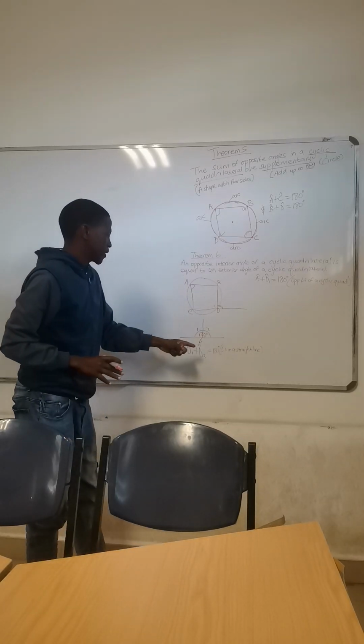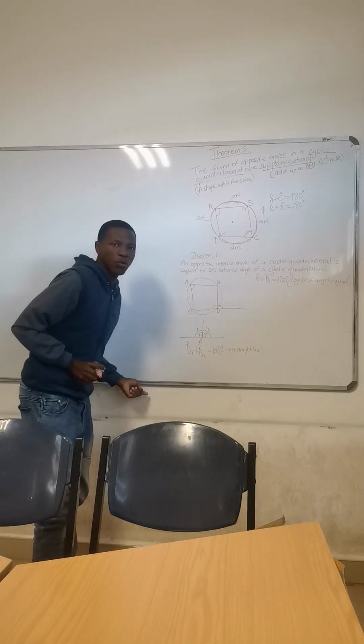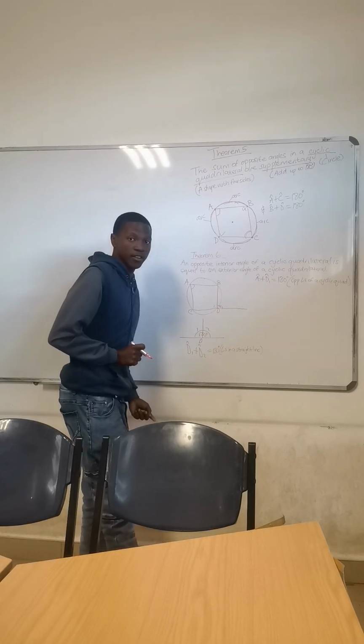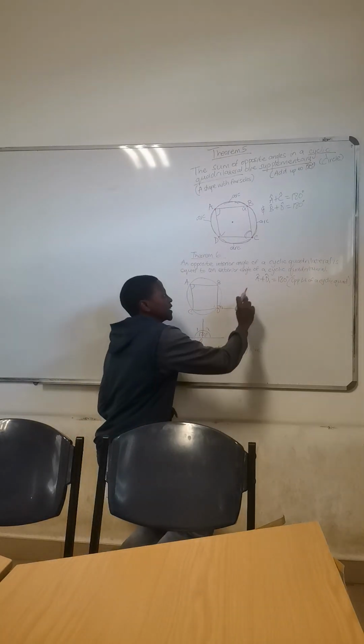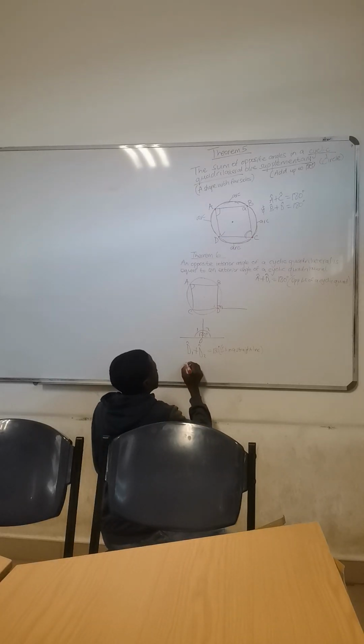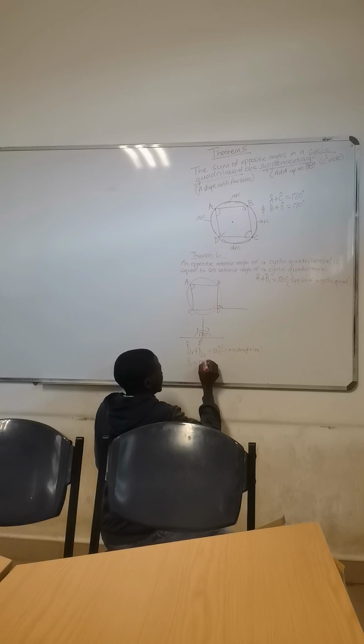Therefore, from this equation, we can make D1 the subject of the formula. It means that D1 is equal to 180 degrees minus D2. That is your equation 1.